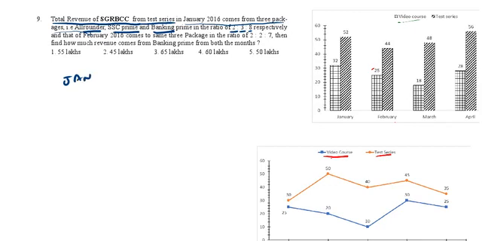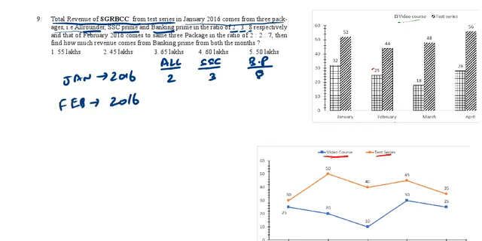January 2016, All-Rounder, SSC, Bank Prime, what is the ratio? 2:3:8. February 2016, same, 2:2:7. We want to calculate Banking Prime from both the months.